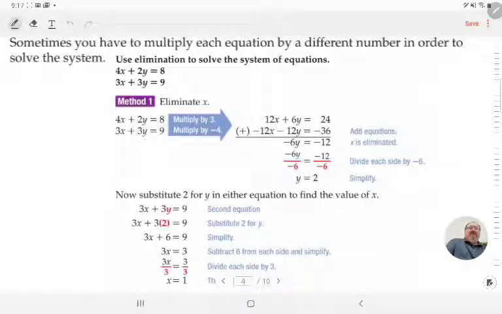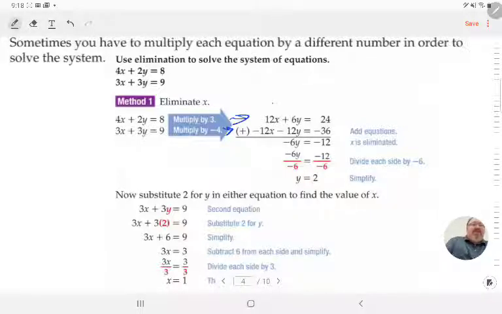On the 4x plus 2y equals 8, I could multiply everything by 3. That would give me 12x plus 6y equals 24. And on the second equation, I can multiply everything by negative 4. And that would give me negative 12x minus 12y equals negative 36.